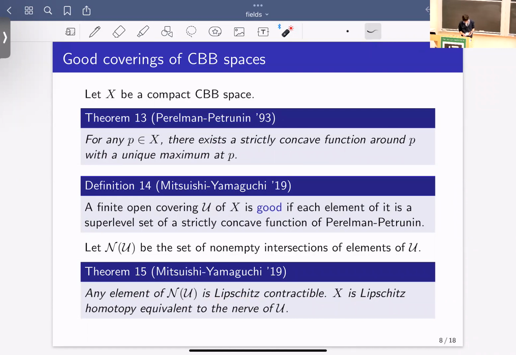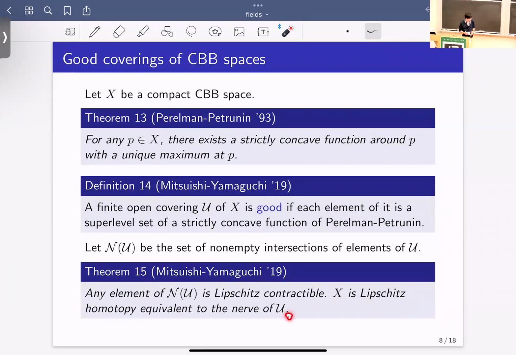Actually this homotopy is given by the gradient flows of semi-concave functions, and such gradient flows preserve extremal subsets. So this covering is in a sense compatible with extremal subsets. They also proved that X has the same Lipschitz homotopy type as the nerve of U.